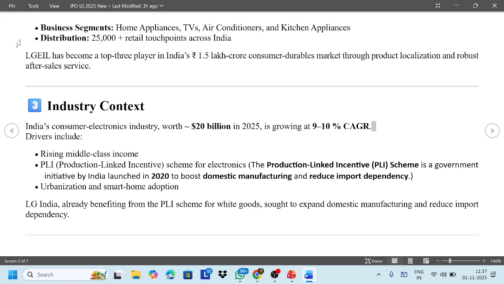Goal: to make India a global manufacturing hub. How it works: incentives are linked to the incremental sales of goods made in India, usually 4 to 6% of sales, duration usually 5 years, sectors covered, over 14 sectors including mobile phones, electronics, pharma, auto, textiles, solar modules, and more.